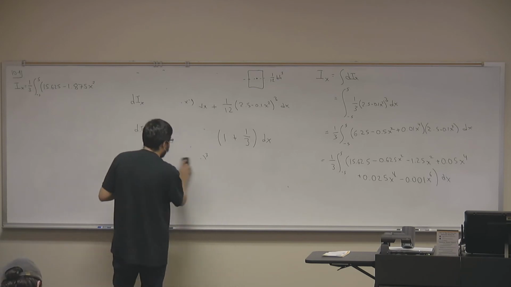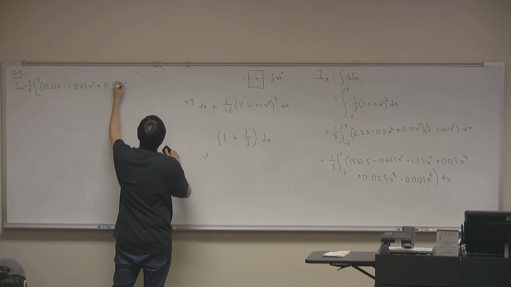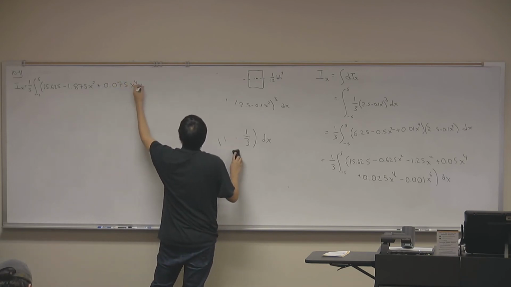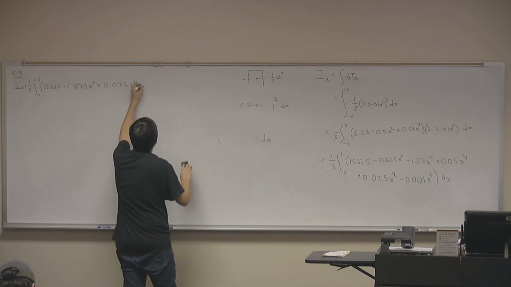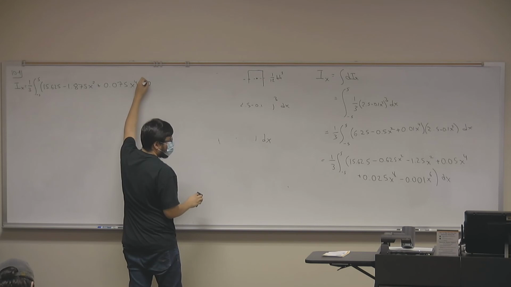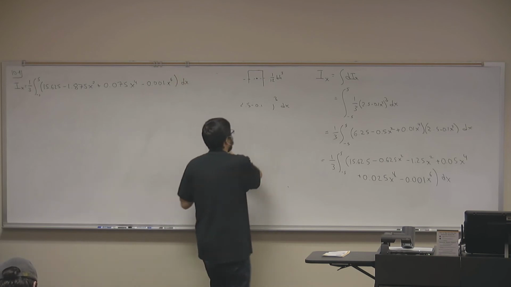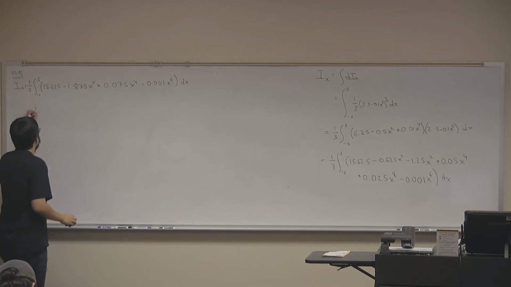0.05 plus 0.025. That's 0.075. That's correct. And finally, x to the power of 6 doesn't have anything else, so minus 0.001 x to the power of 6, and all this multiplied by dx. And at this point, I think we can integrate. We get 1/3.